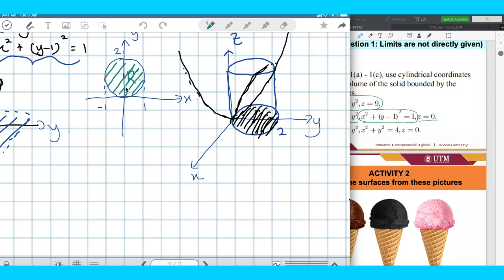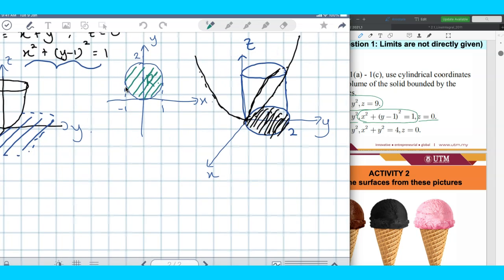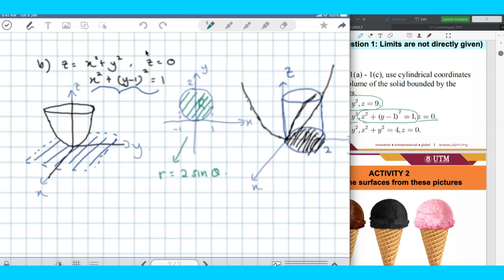If you remember the formula of the rose-petal, symmetrical about the y, in polar this is 2 sine theta. This is what I mentioned before. It is very important for you to memorize the polar graphs that you have learned in engineering maths 1. It is very useful. But if you don't remember, it is still possible to be done, but your task becomes longer.